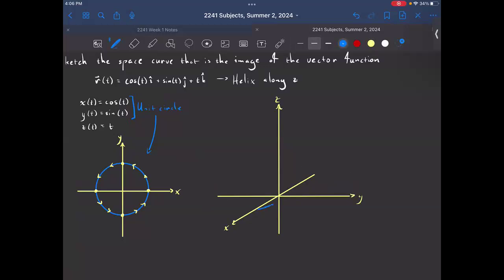If I draw my helix, it should do something like this. Go around, and then come back up, and go back around, and come back up, and so on. And so we have a helix along the z direction.